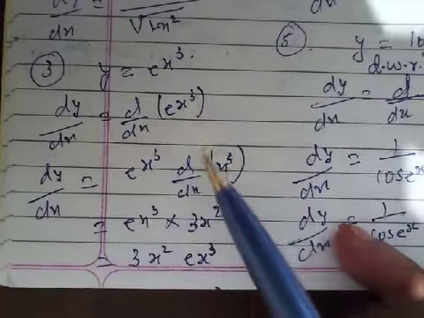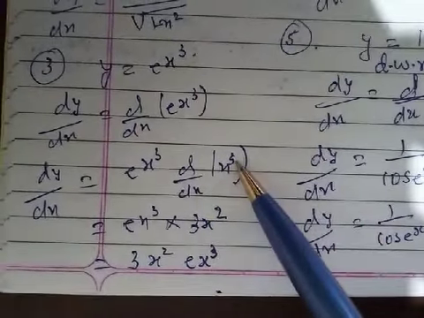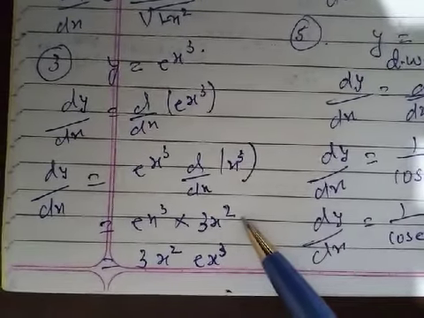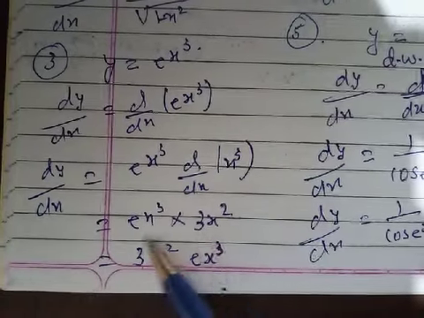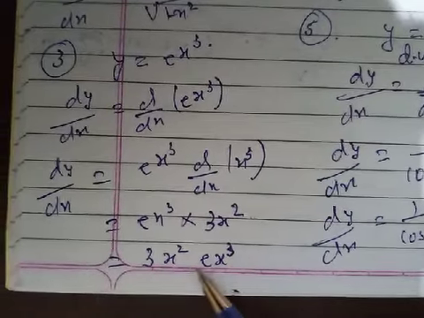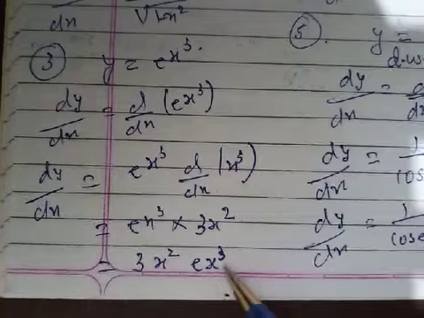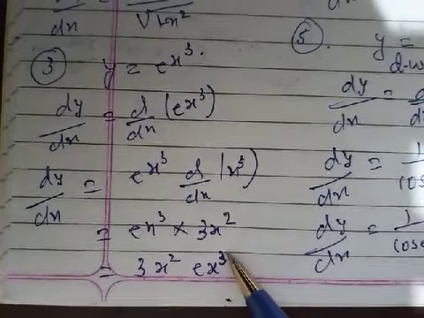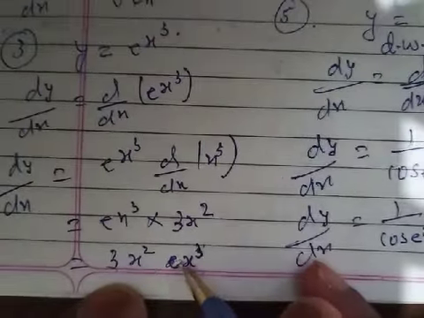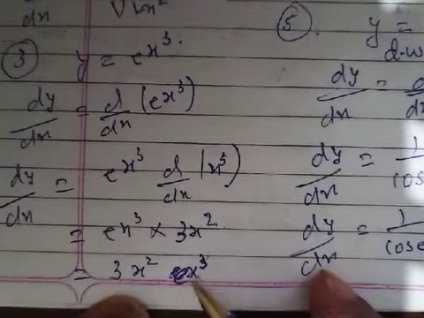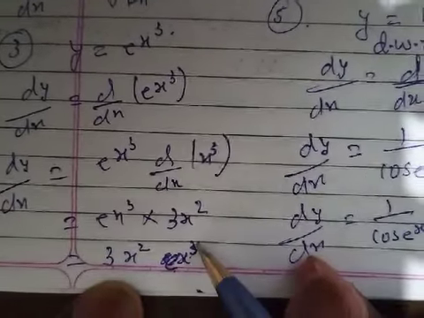Then we take the derivative of x cube, which is 3x square. Simplifying, we get 3x square into e raised to x cube.